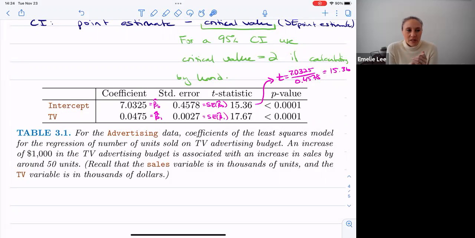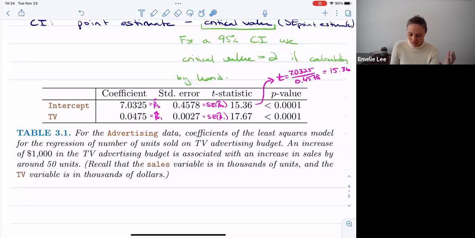Good. So we can look at the individual intercept and the slopes, but we can also look at how they contribute to the model. The slope is the one that we're most concerned about. Does having TV in there as a predictor help in predicting the sales?